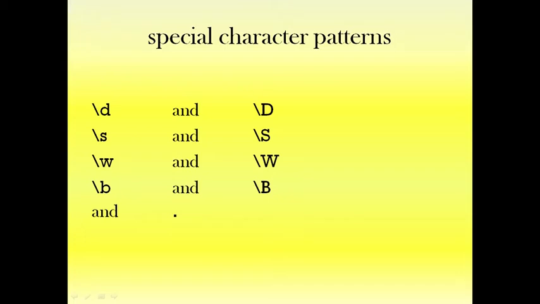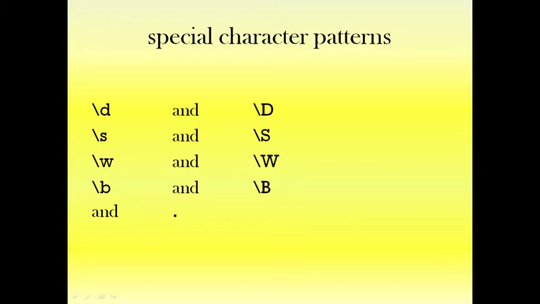We have W, which is a bit complex, but it stands for a word character, which means a letter, a digit, or an underscore. And we have /uppercase W, which is every character that's not a letter, a digit, or an underscore. And finally we have B.